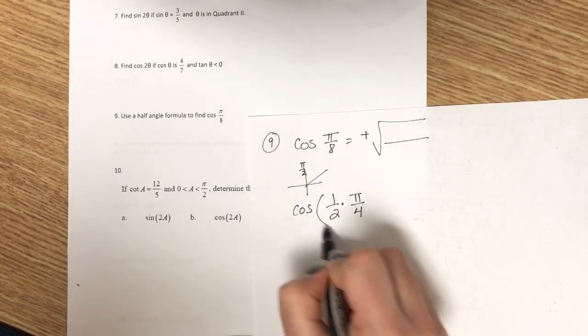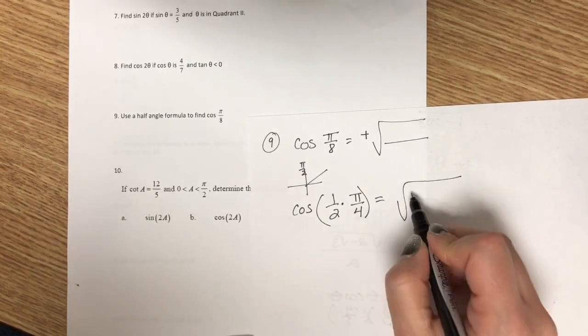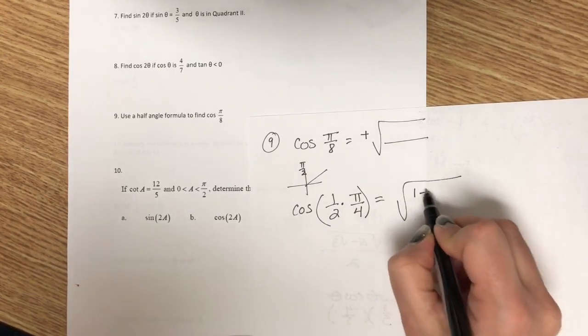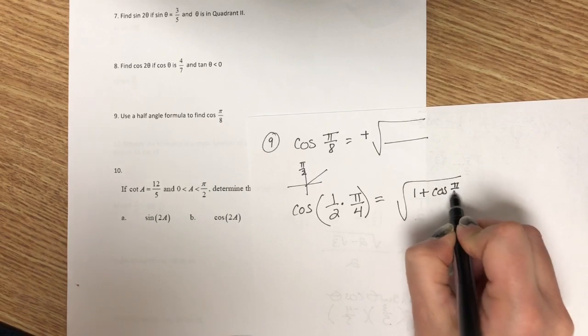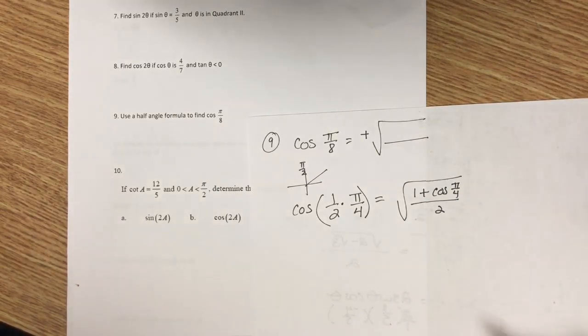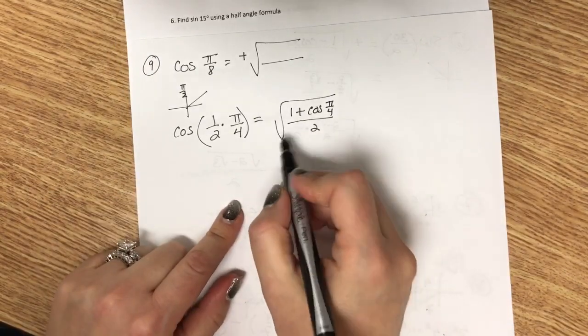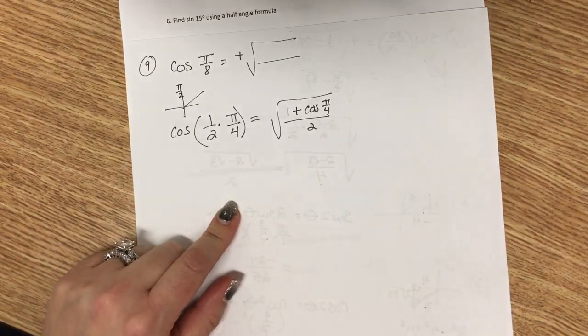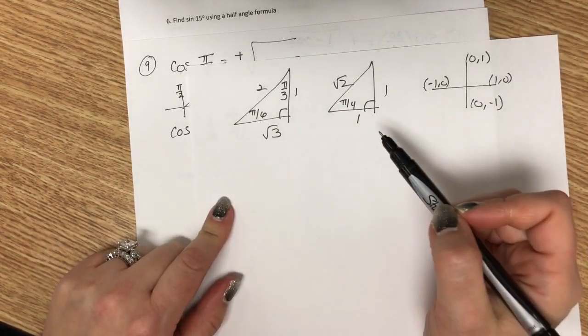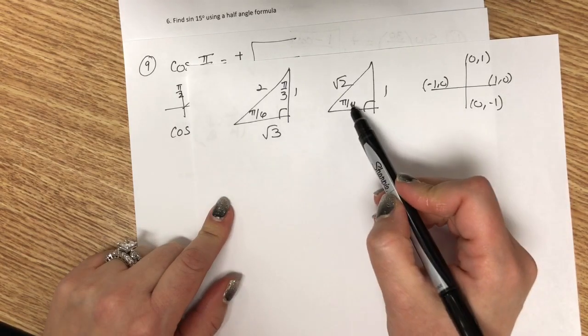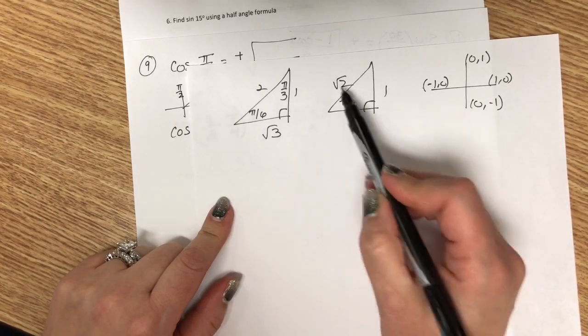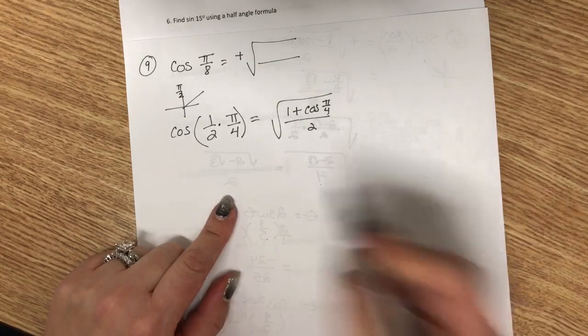So this is asking, and it's 1 plus cosine of pi over 4 all over 2. So then, all right, cosine of pi over 4. We've got cosine adjacent over hypotenuse.